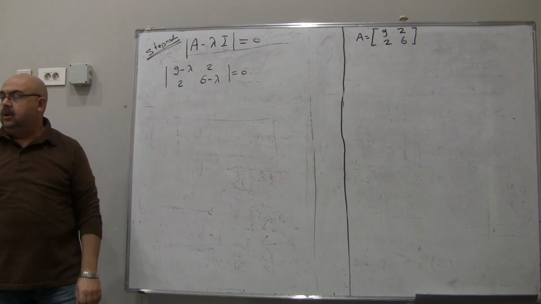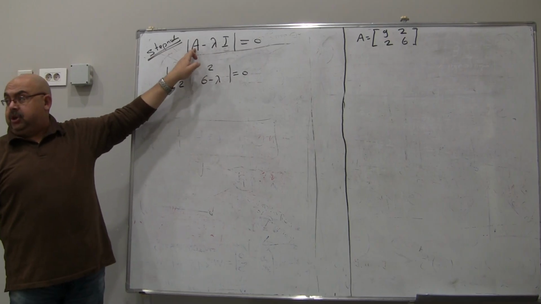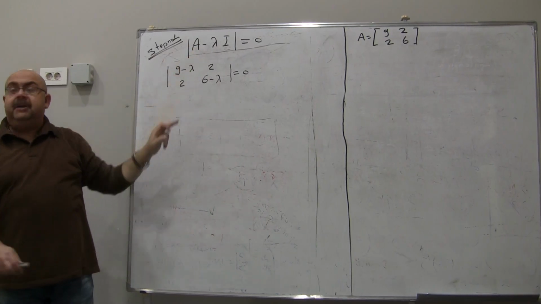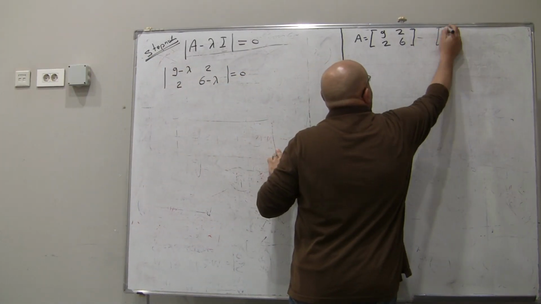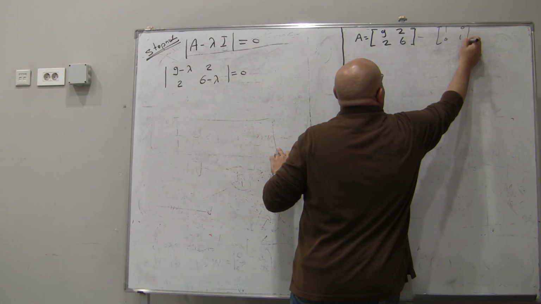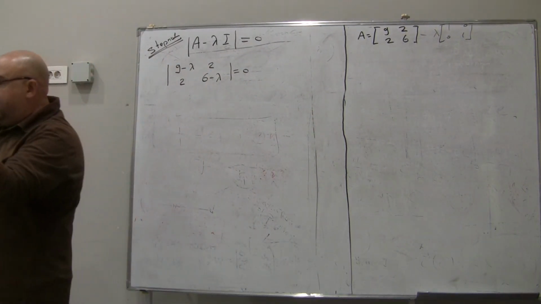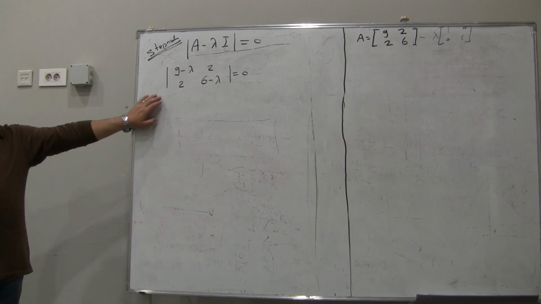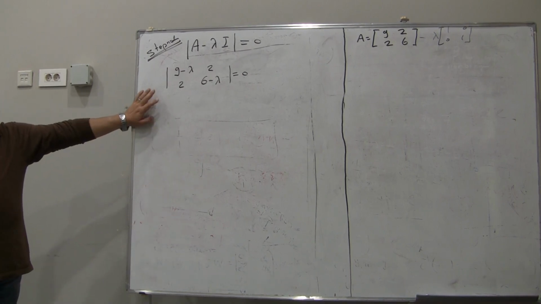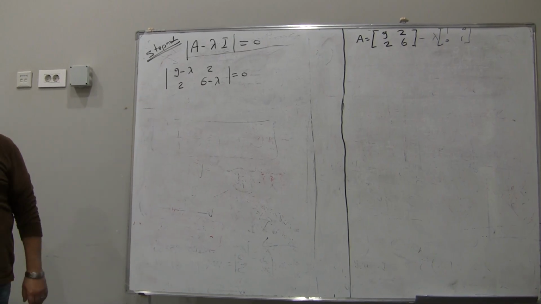That's the result once you make the subtraction between this matrix and the unit matrix, which is 1, 0, 0, 1, times lambda. So all the elements that will be affected are the elements of the principal diagonal. Are you with me? Okay, now I'm going to expand this determinant.